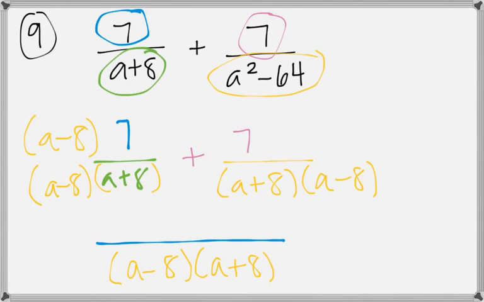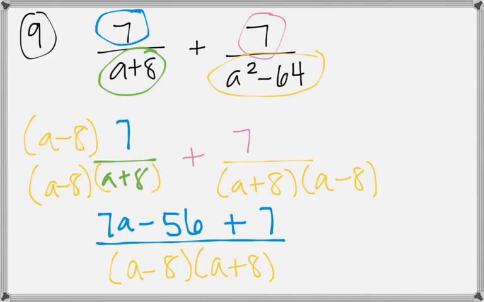All right, in the numerator, we got to take everything that's up here and put it all together into one thing. What can I do with the 7, Diego? Multiply it by the a and the 8. So I get 7a minus 56 plus the pink 7 that's sitting over there. I put those together. You said 49?